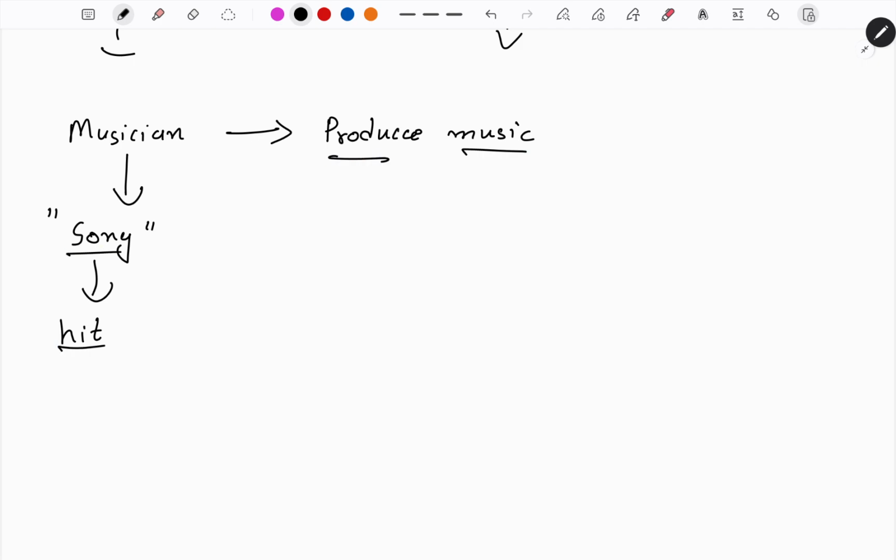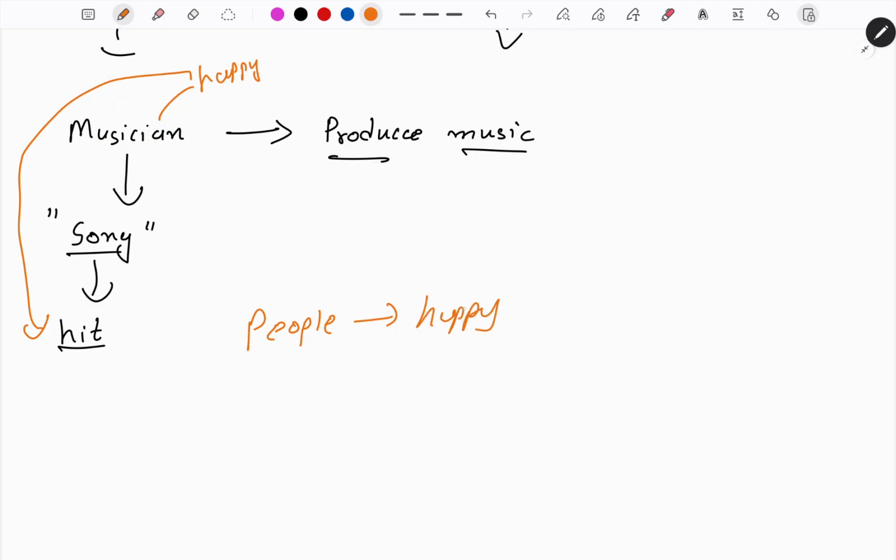और ये गाना हिट हो गया। अब क्या होगा, he is happy. Why? क्योंकि उसका गाना हिट हो गया। People are also happy. Why?